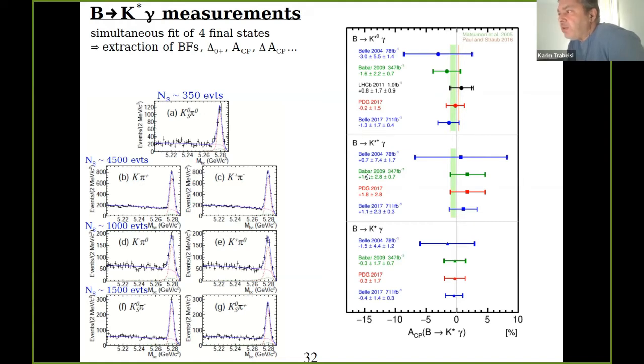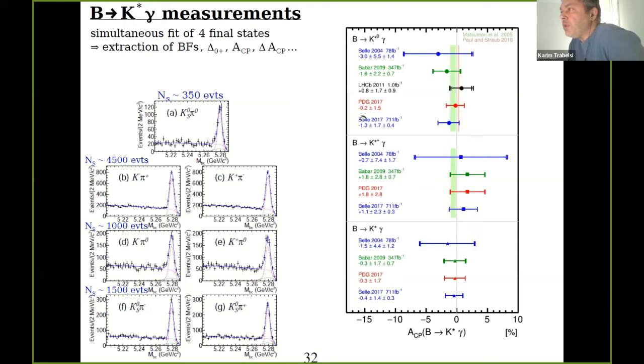And you see, by the way, LHCb for some of the final states, especially with a single gamma or a single pi zero in the final state, entering the game with a precision which is already very interesting and competitive.